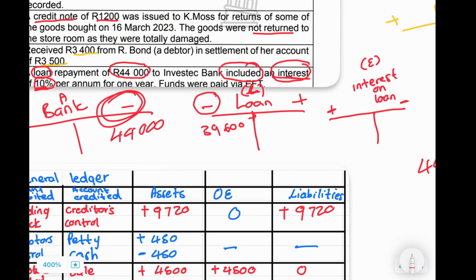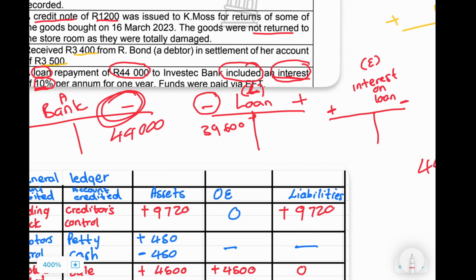Now when you look at the T accounts, the accounts that are debited are loan as well as interest on loan. This was on the 31st. Our loan account was debited, and we said it's a liability account, which means our liabilities, which are debts of the business, are decreasing by 39,600.